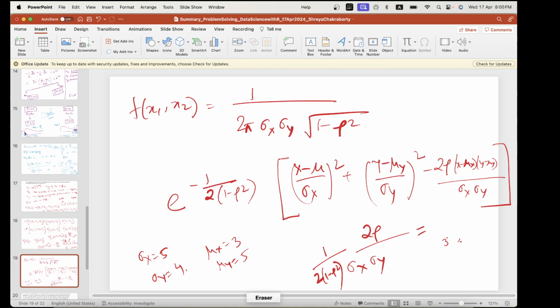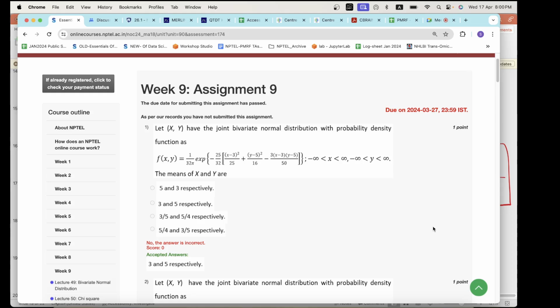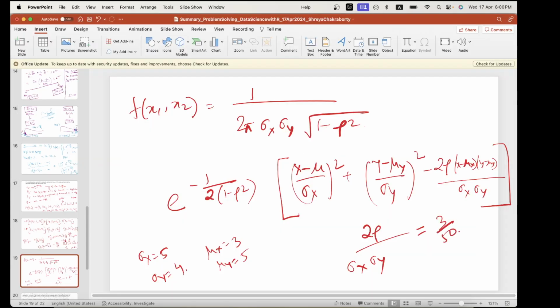We don't need that because it's totally taken as common. So this one should be equal to whatever we have, 3 by 50. Then this is 5 into 4, 20. So 1 by 10. So rho is actually 3 by 5. From here we get rho to be 3 by 5.